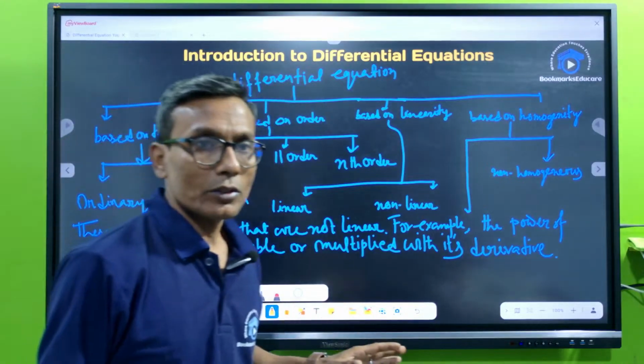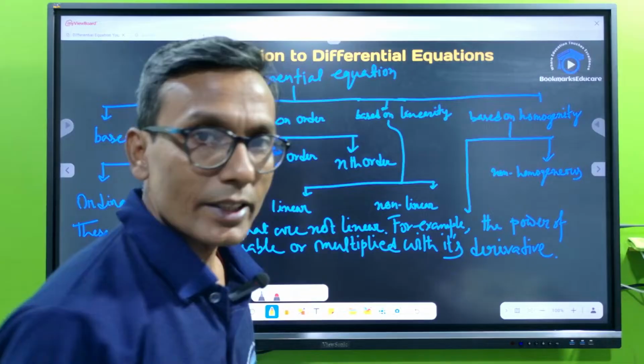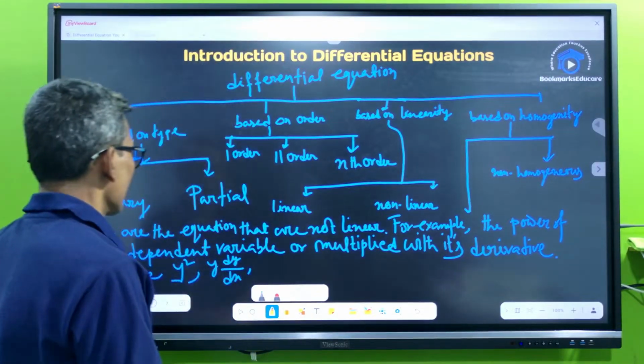Those type of equations are considered as non-linear differential equations.